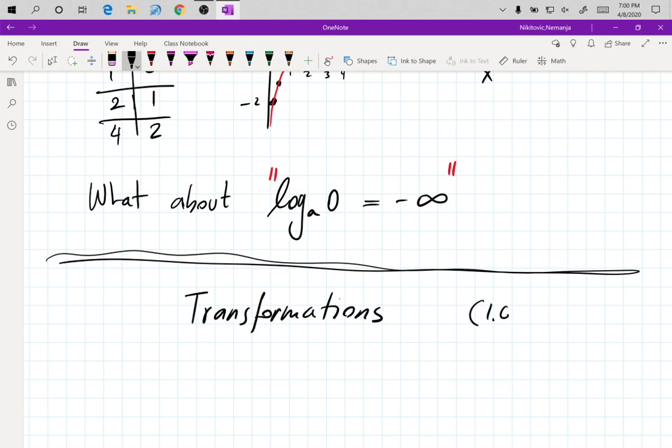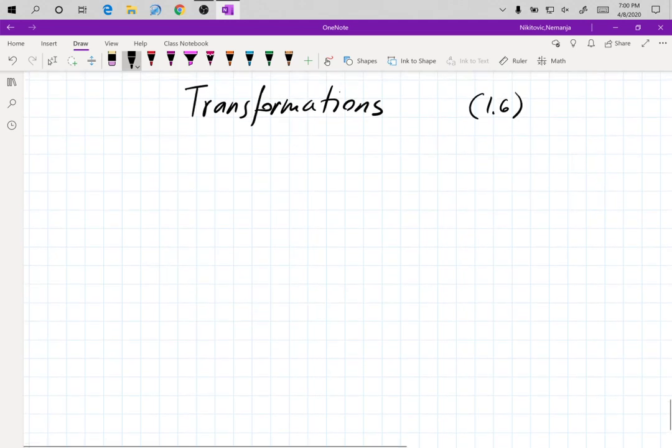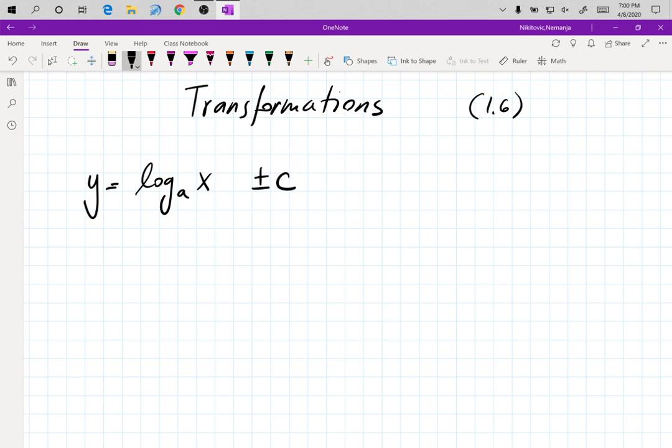And I'm going to put 1.6 again, because technically that's what we're doing. You can have your y equals log a of x plus or minus a number c, plus c up, minus c down. There is no surprise here. The same rules that follow x squared will follow logs.